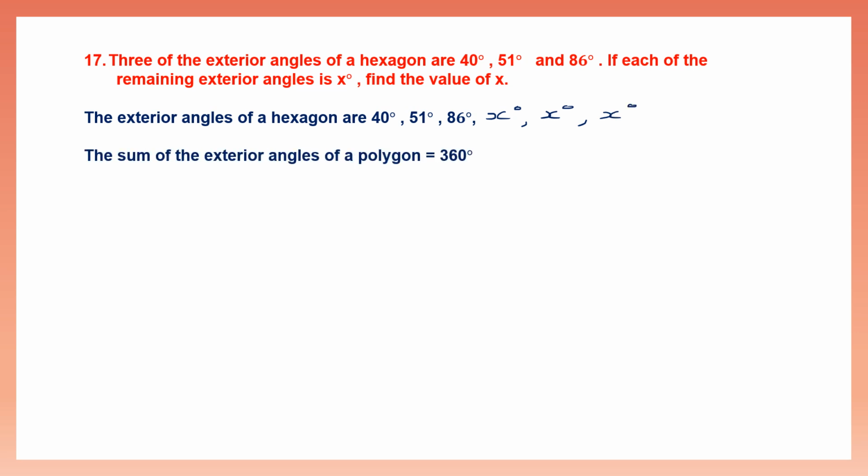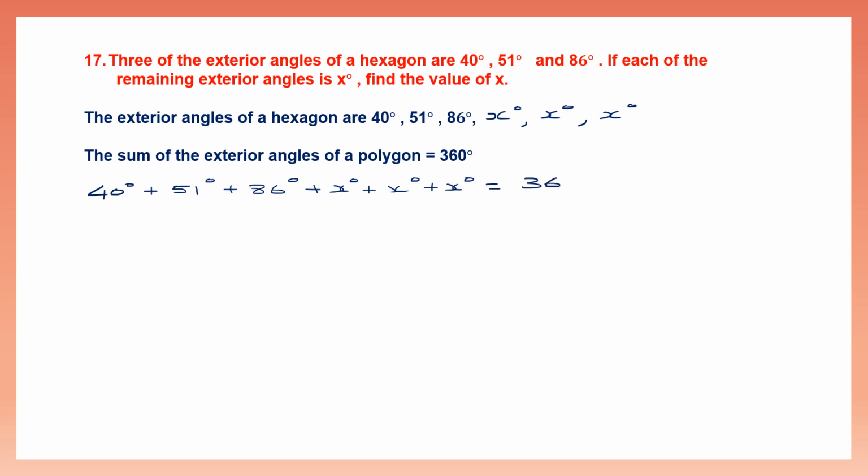And we know that the sum of the exterior angles of a polygon is equal to 360. That means if I add up all these, I should get 360. So let's do that. That will be 40 degrees plus 51 degrees plus 86 degrees plus x plus x plus x. So 3 of these x degrees.